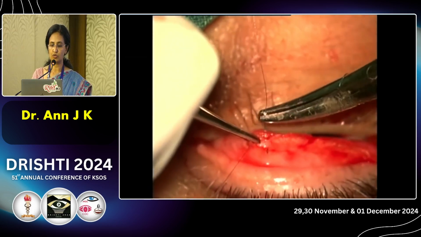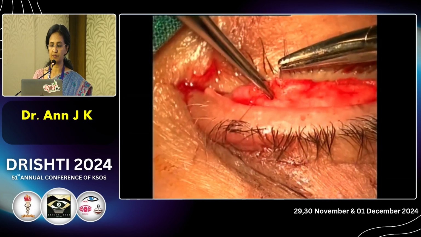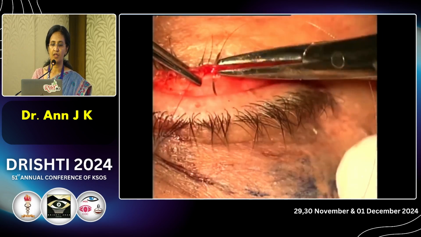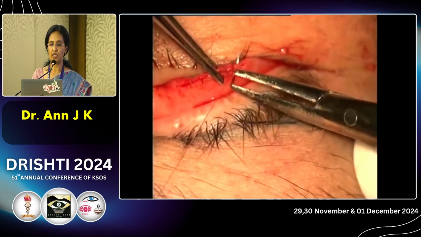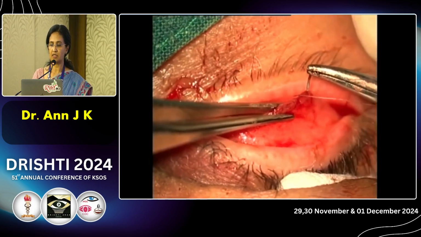So these two sutures will give reinforcement for the wound. Similarly, proceed till the lateral end. And once you reach the lateral end, you can exteriorize both the sutures and tie at the skin aspect.